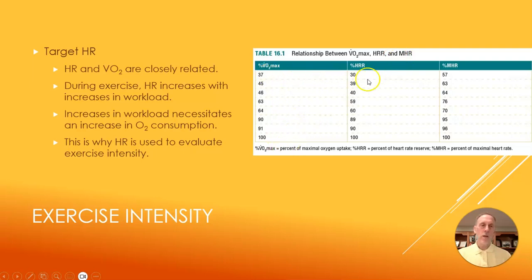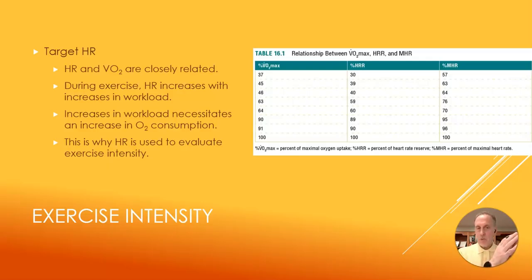So when you look at this VO2 max, heart rate reserve, maximal heart rate, they put this chart in here, they put this table in. It's good. It's a little bit mucky to try to understand, but just realize that the closer and closer you get to theoretical or realistically 100% max, these numbers tighten up. So you go from 37 to 57, to 91 to 96, or 90 to 95 in terms of a percentage, because what happens is the variability in the actual equations gets tighter and tighter.